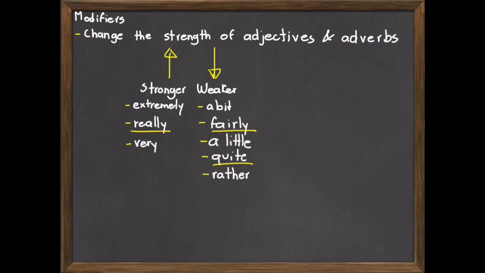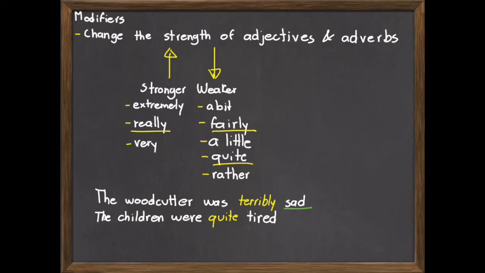For example, the woodcutter was terribly sad. Here the modifier is changing the strength of the adjective sad. While in the next example, the children were quite tired, it is changing the adjective tired. And as I said, one makes it stronger.